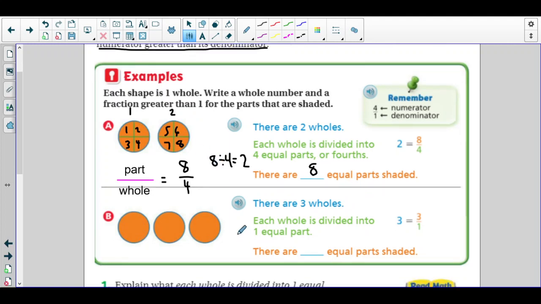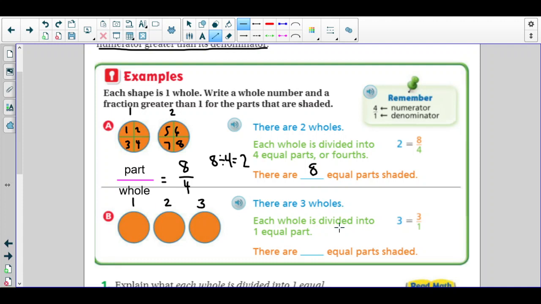All right, let's see what we can do right here. There are 3 wholes. 1, 2, and 3. Each whole is divided into 1 part. So we did not come in like before and divide them into fourths. We didn't divide them at all, just like a pizza that hasn't been cut.